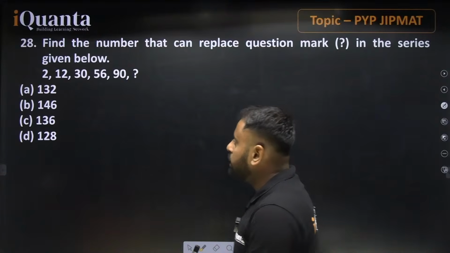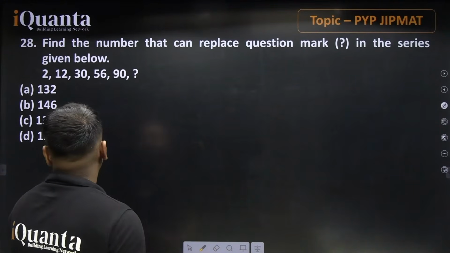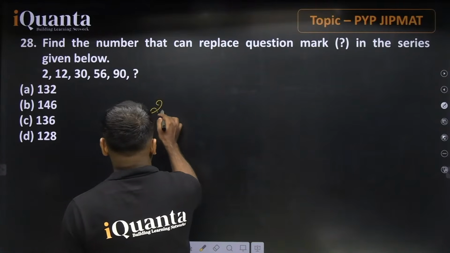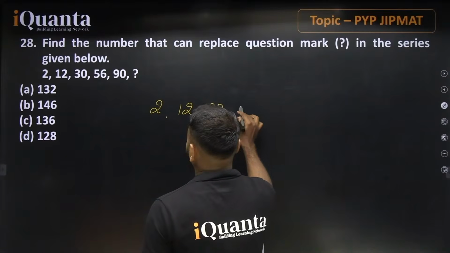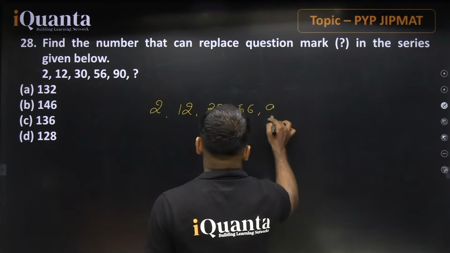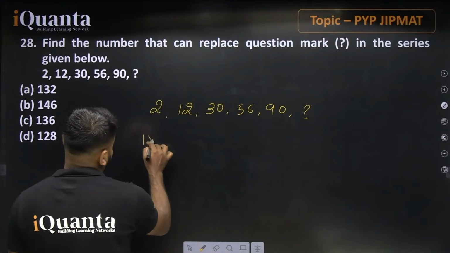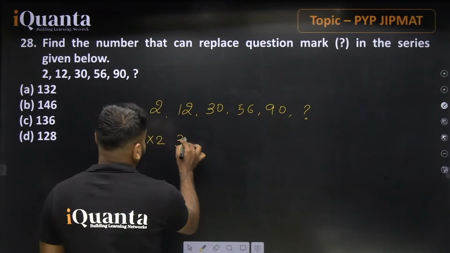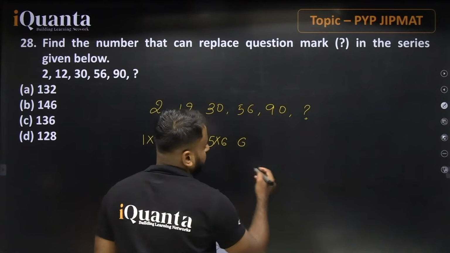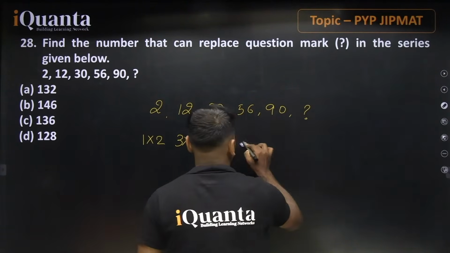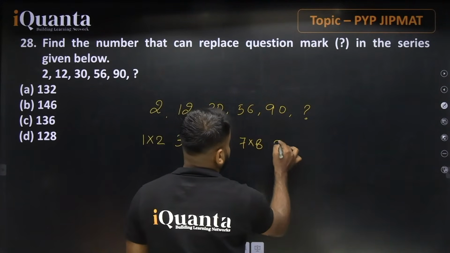Chalo, let's talk about this. Find the number that can replace the question mark in the series given below. Here we have 2, 12, 30, next 56, and next 90. Next we need to find the value. Beta, we can just write it like this: 1 into 2, 3 into 4, 5 into 6, 7 into 8, 9 into 10.